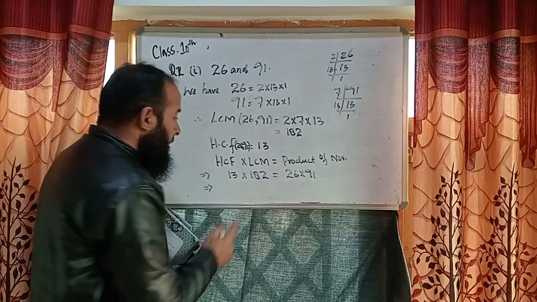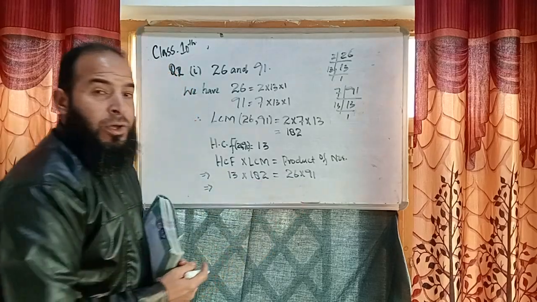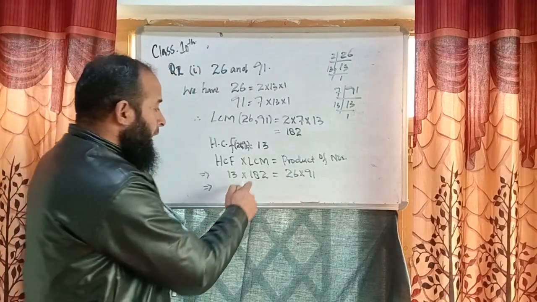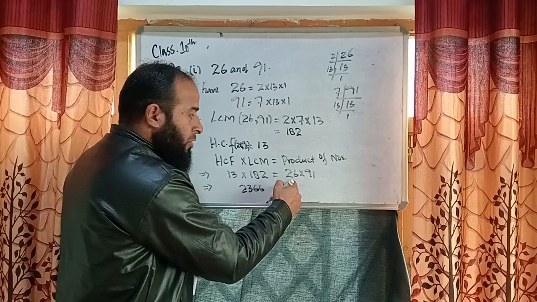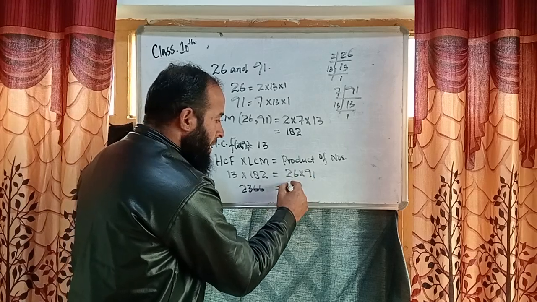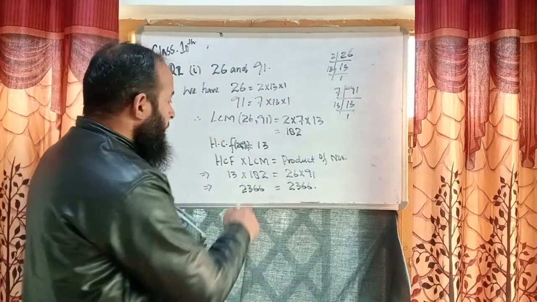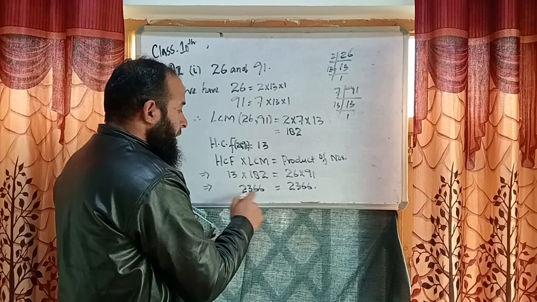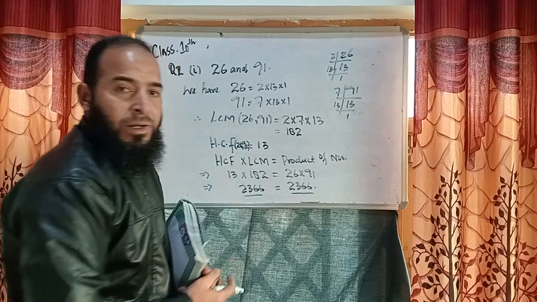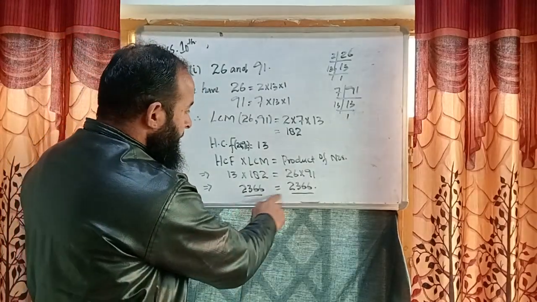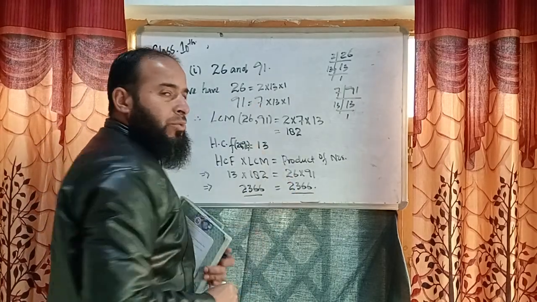If you find these products, you will come to know that 13 into 182 is 2366, and 26 into 91 is also 2366. This shows that for these two numbers, HCF into LCM is equal to the product of the numbers, that is, LHS is equal to RHS. So this has been verified for these two numbers.